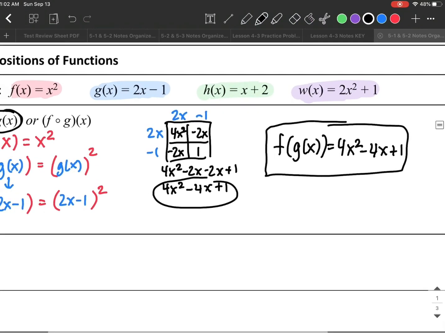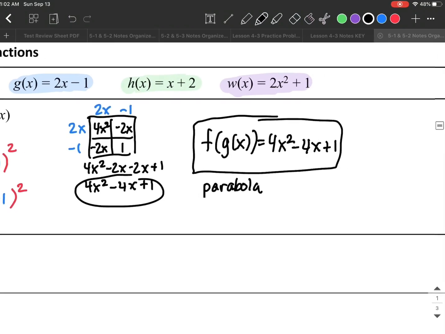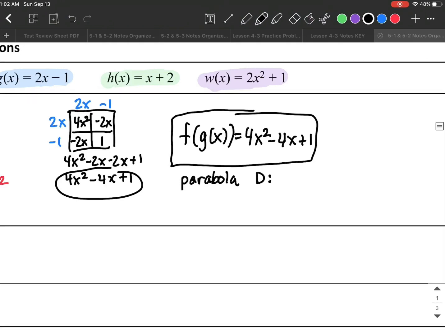Okay, this is a polynomial. Sorry, this is a parabola because I have x squared. The domain, there's no x value I can't plug in, so it's negative infinity to positive infinity. And then the range is also the same. No, it's not. I'm so sorry. Because a parabola looks like this. Because it has a positive number in front of the x squared, I know it's an upward parabola, an upward U, not a downward U. So the vertex is actually going to be the lowest point, the lowest y, and it will actually be included.